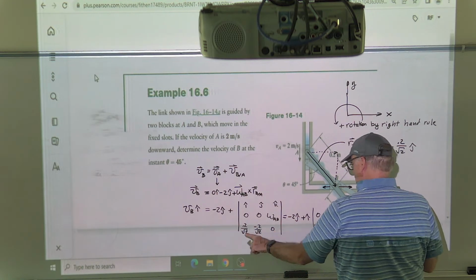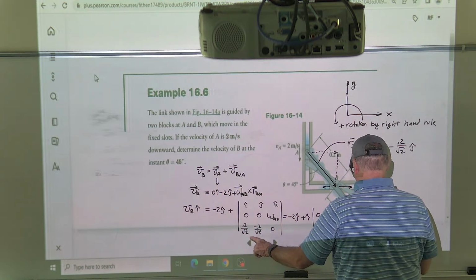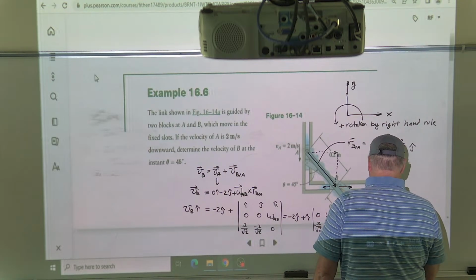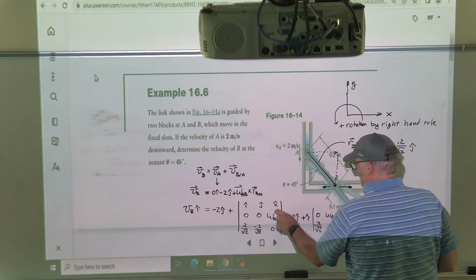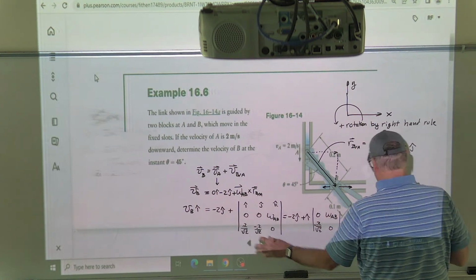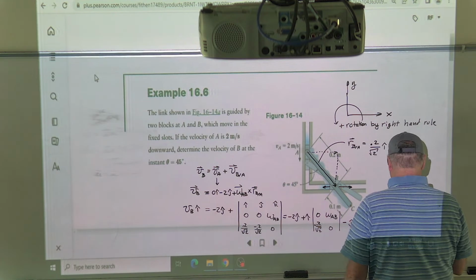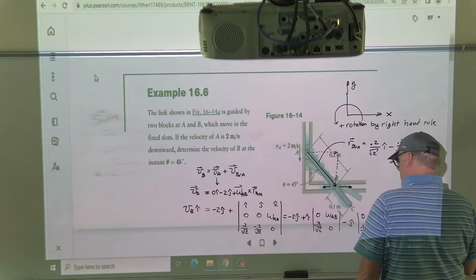B, that one, and this one. Now, I'm going to do the K, even though there is no rotation, because that cofactor expansion is here, and I'll explain that in a second.